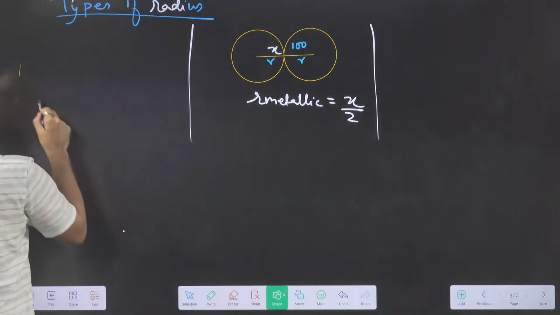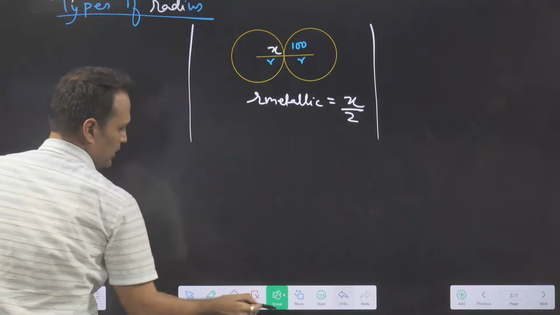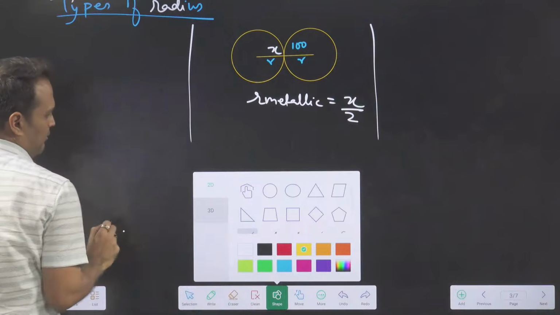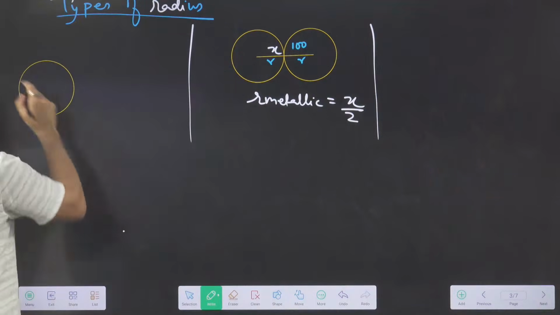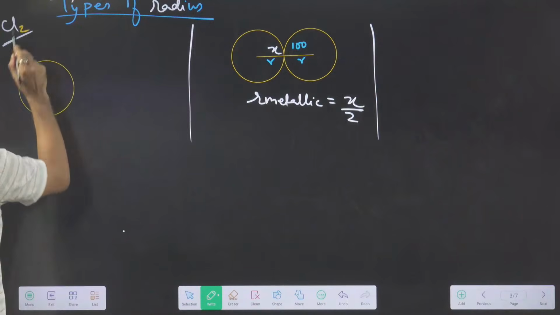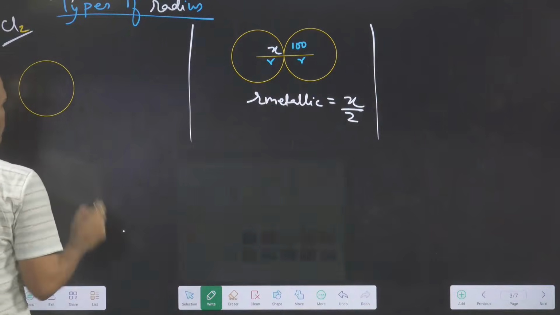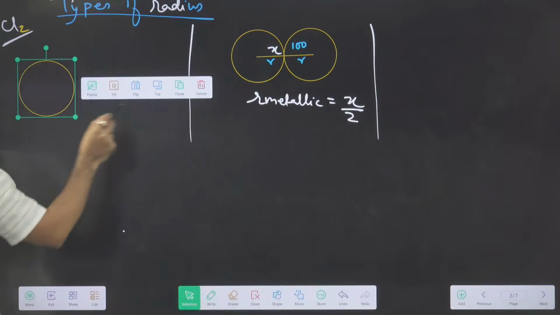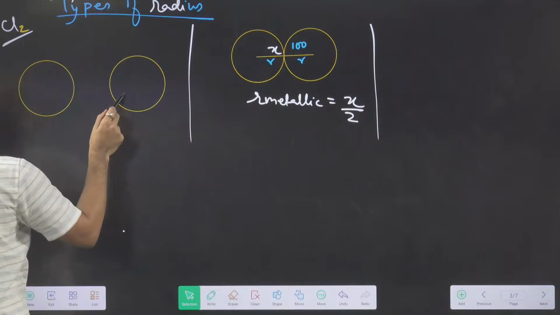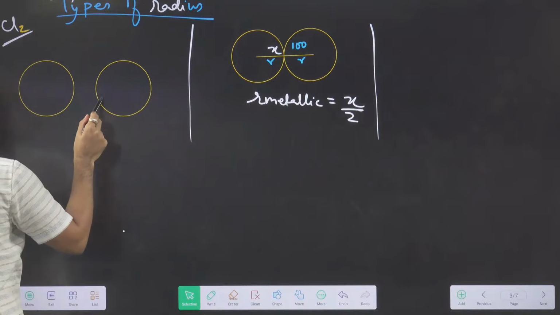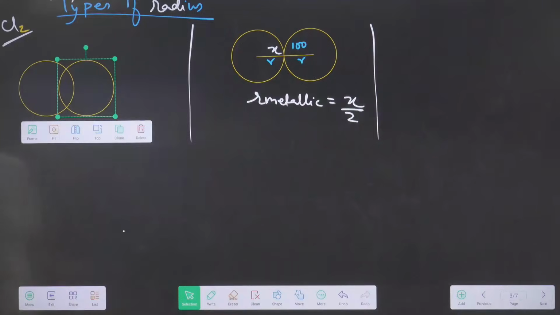There will be one atom like this. Suppose I am talking about Cl2. One atom is like this, I will take one more atom. Now they will try to form a bond. Atom coming. Overlap. Bond formed.